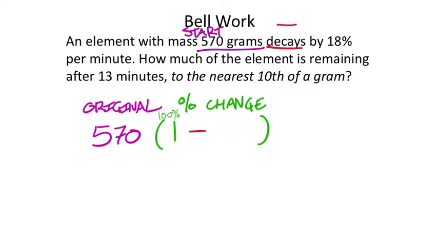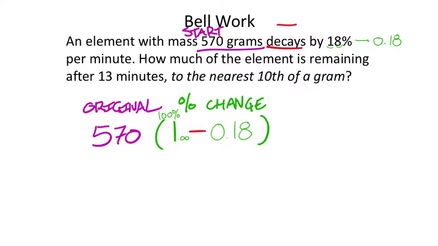If we change 18% into a decimal, we move the decimal 2 times to the left, or divide by 100, and we get 0.18. So you start with 1, and then take away 0.18.